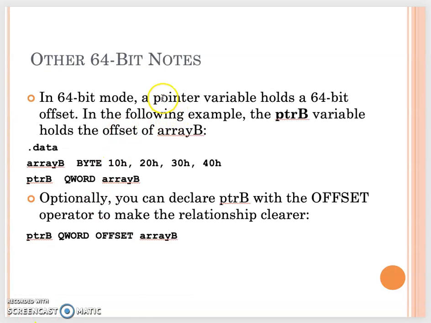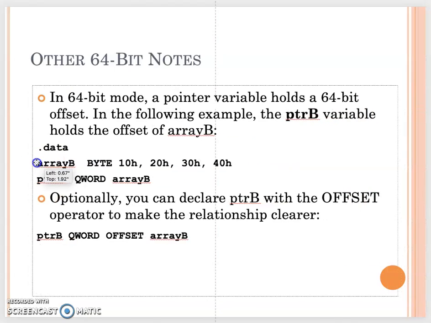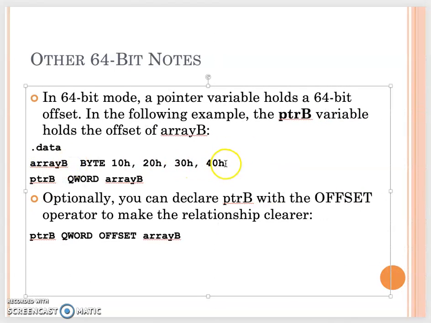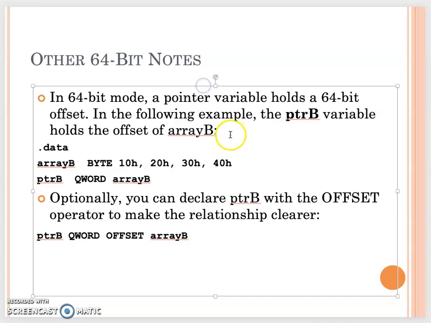The same thing when we talk about memory addresses being 8 bytes. So in the 64-bit environment, a pointer variable also will be holding an address, right? So it will be 64-bit, 8 bytes as well. So you will see here when you have an array defined like this, we want to save the beginning of the array into a location.